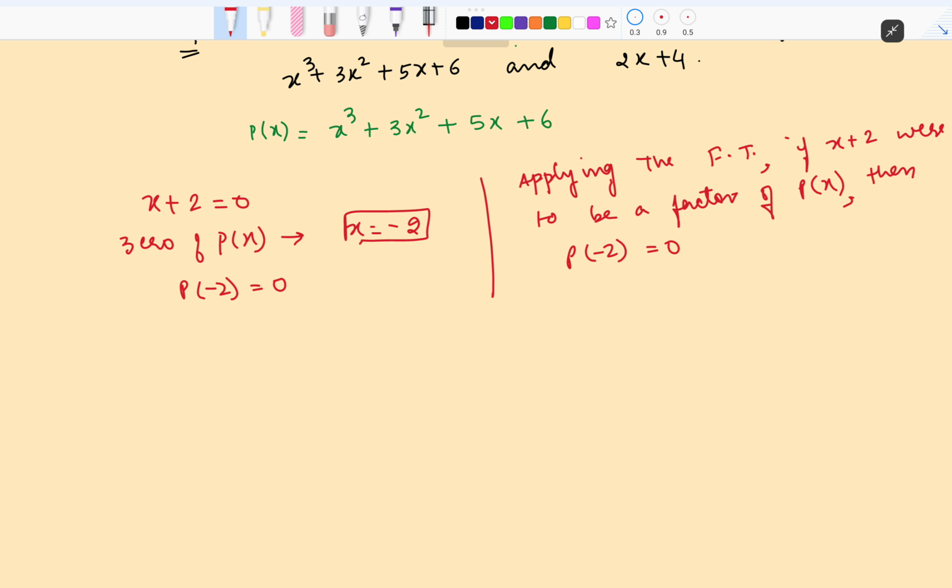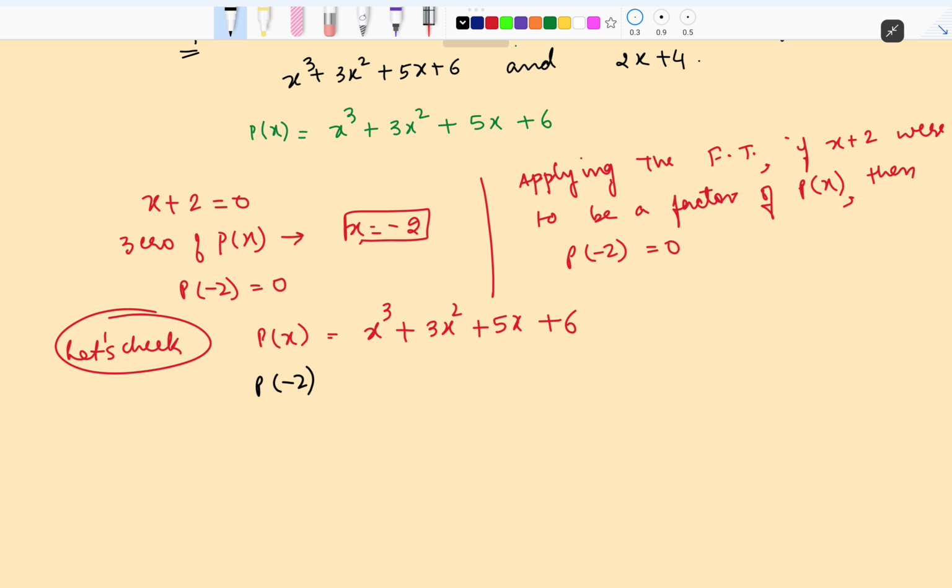Now let's check. p of x is equal to x cube plus 3x square plus 5x plus 6. So p of minus 2 will be equal to minus 2 cube plus 3 into minus 2 square plus 5 into minus 2 plus 6.